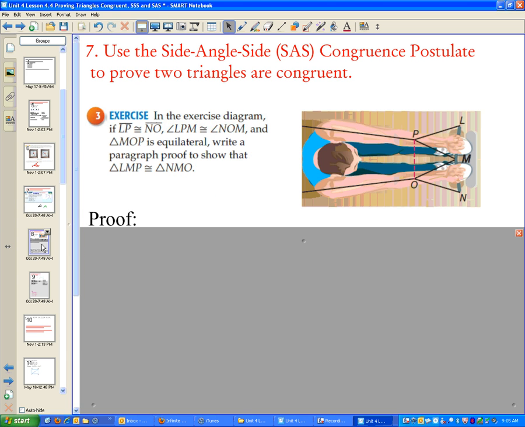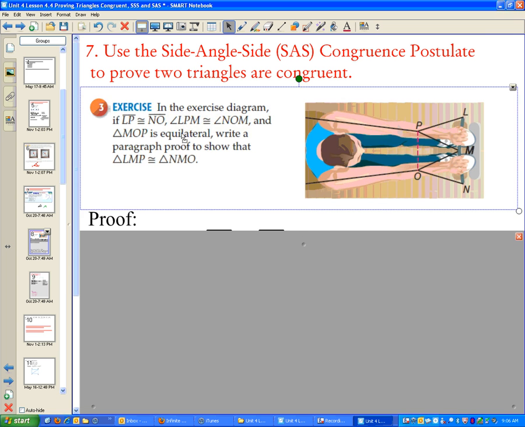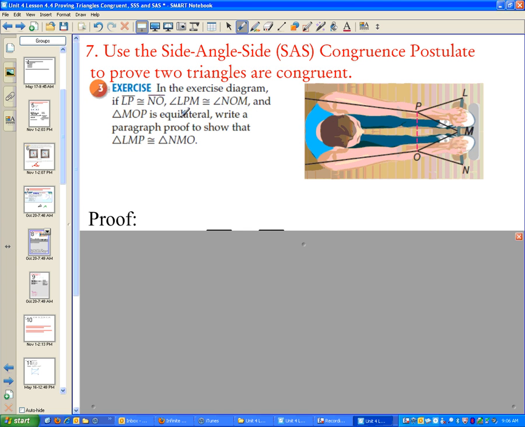All right, let's see if we can do one. Number 3 from page 266. In the exercise diagram, if segment LP is congruent to segment NO, and angle LPM is congruent to angle NOM, and triangle MOP is equilateral, write a paragraph proof to show that triangle LMP is congruent to triangle NMO. Wow. All right, so here's where we start. And I didn't leave myself enough room, but I'll make it fit in. We got to figure out what's given.